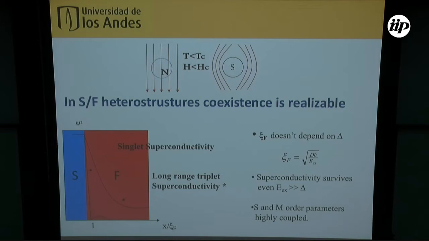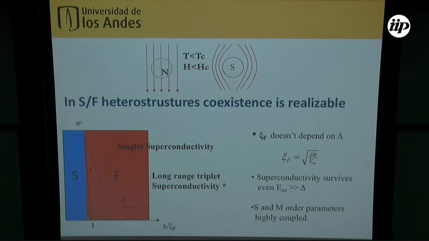Here we have, for example, a bilayer. And here you have the superconductor, you have the ferromagnet, and we have the normal proximity effect. What does it mean? Some of the Cooper pairs from the superconductor penetrate into the ferromagnet, making a very thin layer of the ferromagnet superconducting, essentially.